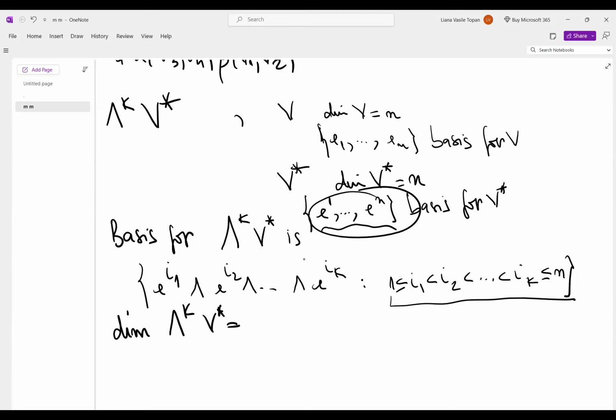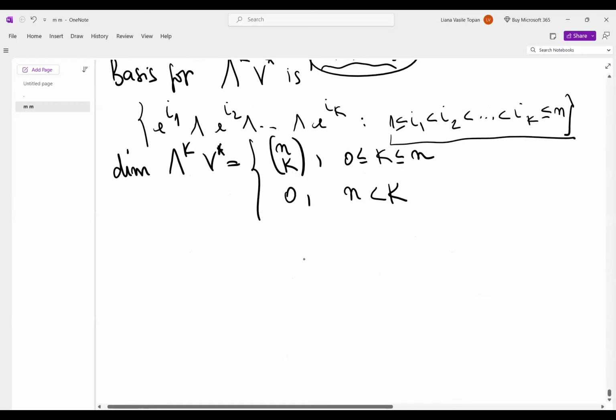So the dimension will be n choose k. In how many ways can we choose an increasing sequence of k numbers out of n numbers? This is n choose k when k is between 0 and n, and will be 0 when n is less than k.